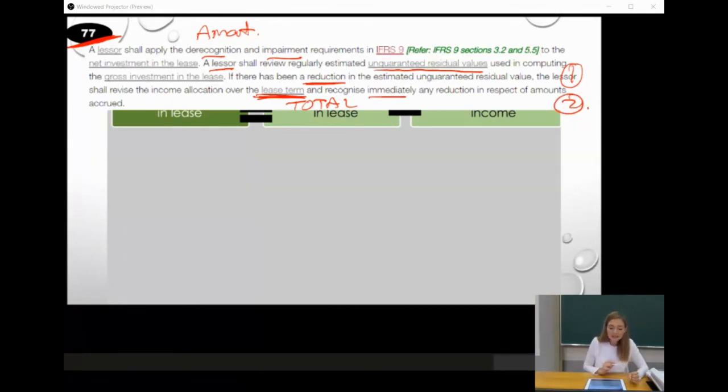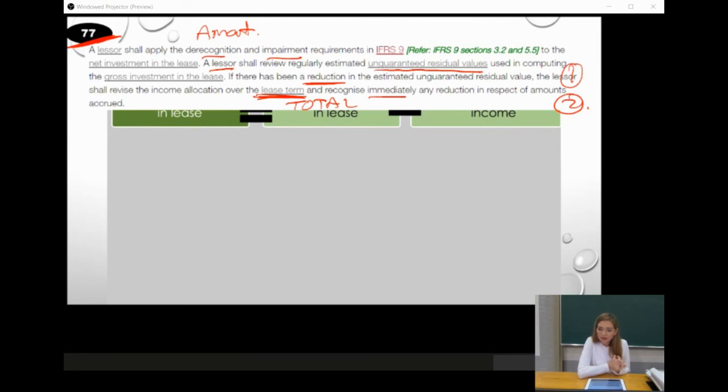Okay, so that's the second thing that makes this a little bit different from everything that we've done before. In all the other lessee reassessments, we looked at the remaining lease term, where here we have to calculate what the balance would have been if this was the case from the start of the lease term.